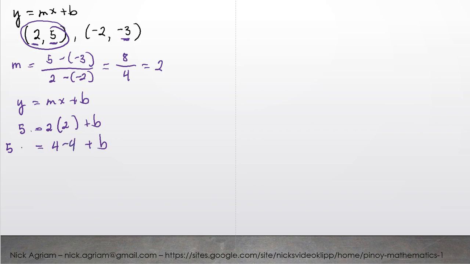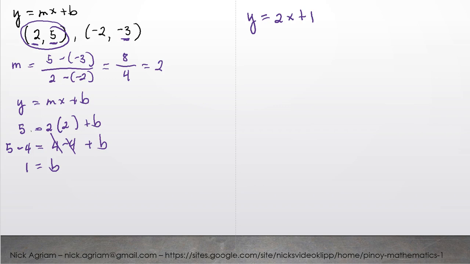Subtracting both sides of the equation by 4, that is 0, and 1 is equal to b. That means my equation now is y is equal to 2x plus 1.